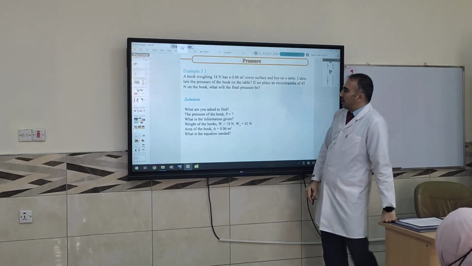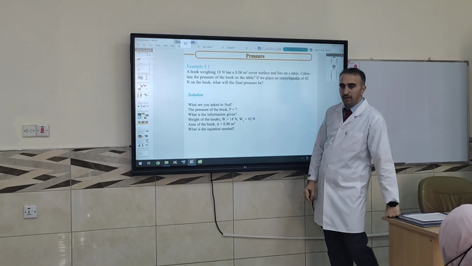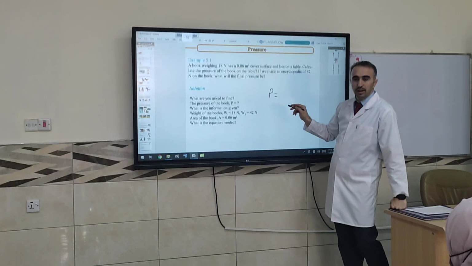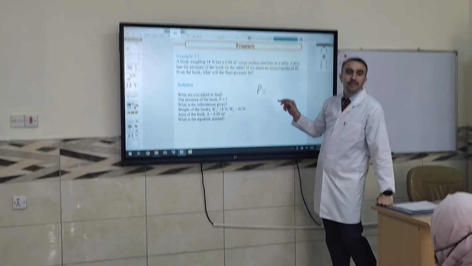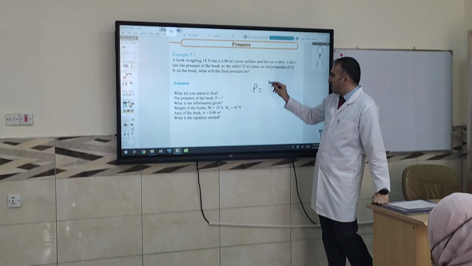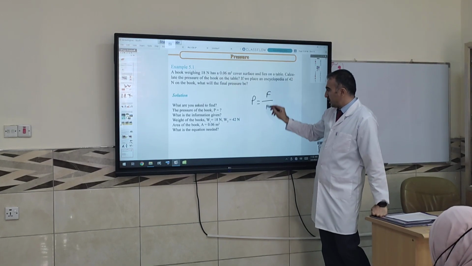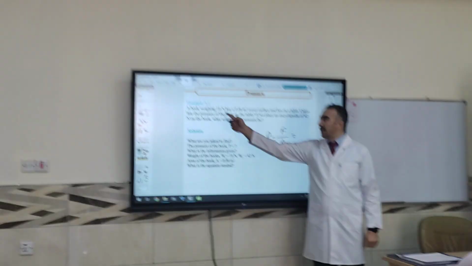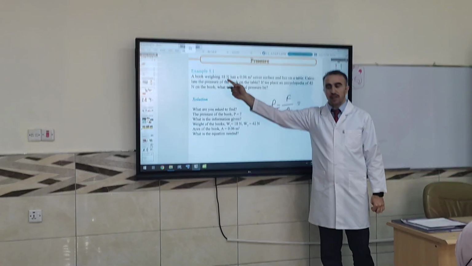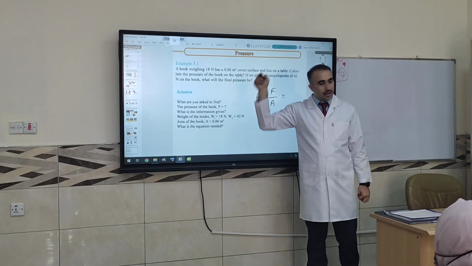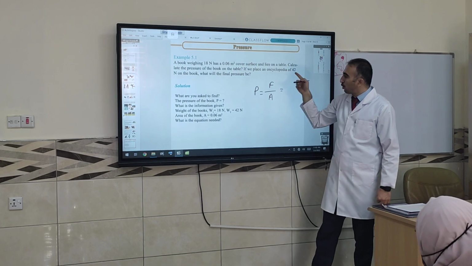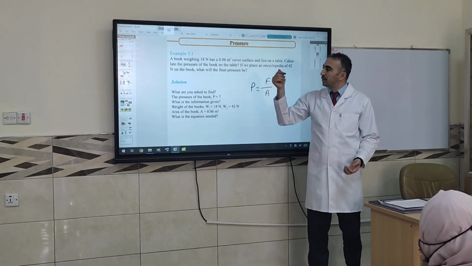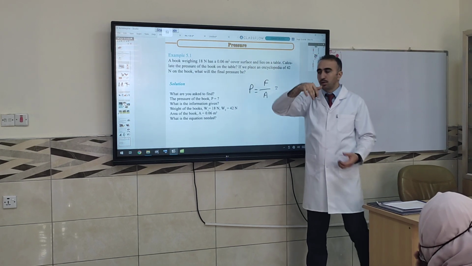Now, the same way we will do the solution. Pressure equal what? Force over area. Firstly, it was just 18 Newton. Then 42 Newton. 18 plus 42. They put on the other book.